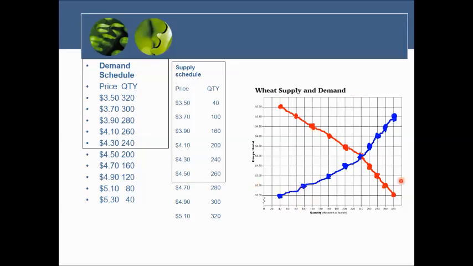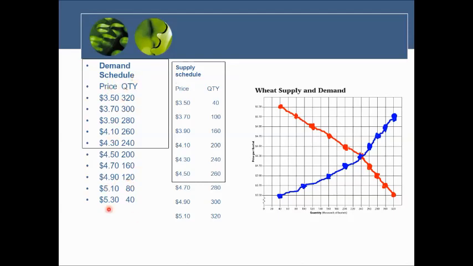So the blue one again is the supply, and the red one is the demand. If you notice, in the demand and supply schedule, as the price of the product increases on the demand schedule, the quantity decreases.